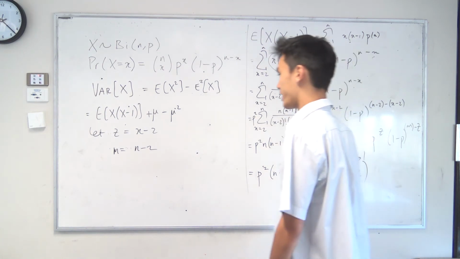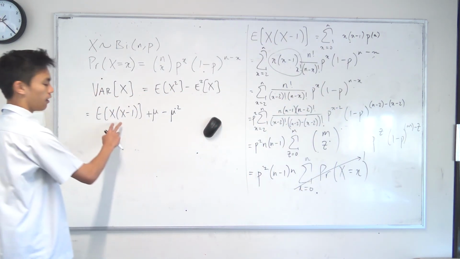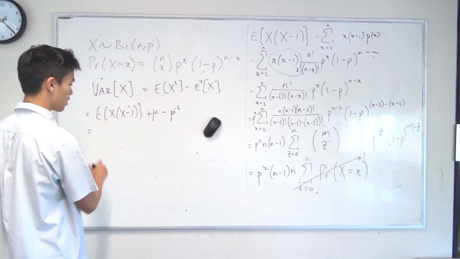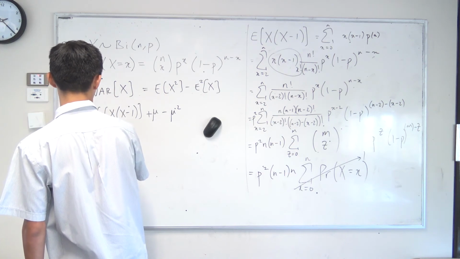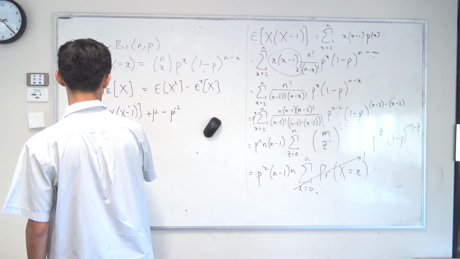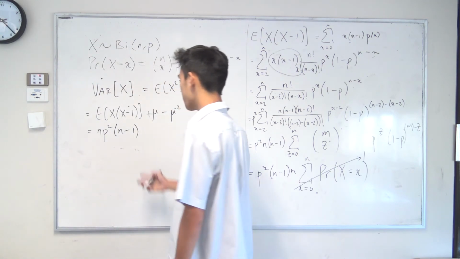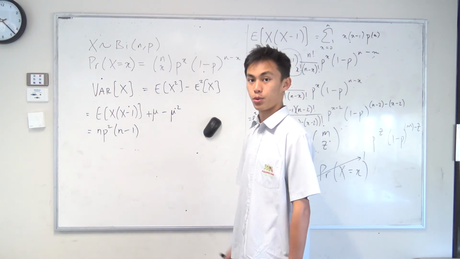So now what do we find out in here? We found out that the expected value of x times x minus 1 is going to result in n times p squared times n minus 1. Yeah, it should be right. So np squared times n minus 1. And how about this plus negative mu squared right here?